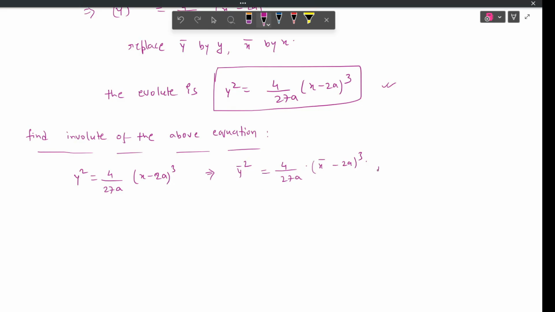We know what is x bar here. Here x bar is x minus y1 into 1 plus y1 square by y2, and y bar is y plus 1 plus y1 square by y2. Okay. And let x comma y be the point of involute.